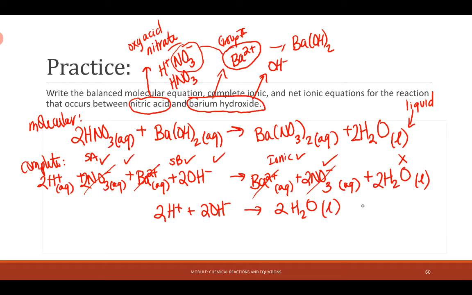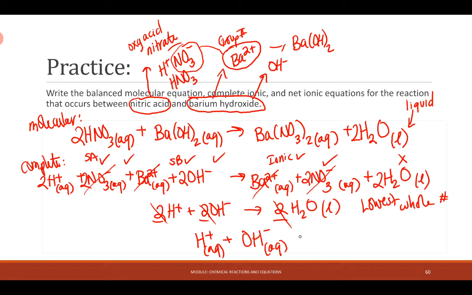But we got to simplify this because we want the lowest whole number. And all of these are even. So we got to cancel this out to simplify it to just H plus OH minus, both of which are aqueous, and that will form 1 H2O, liquid.